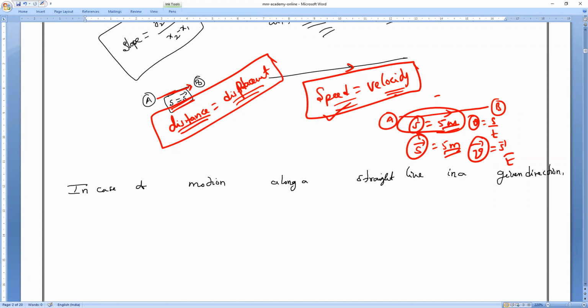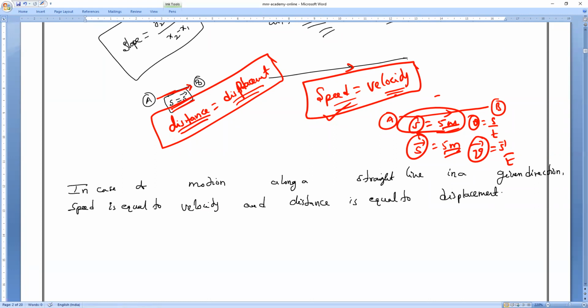In a given direction, speed is equal to what, guys? Speed is equal to velocity and distance is equal to displacement.